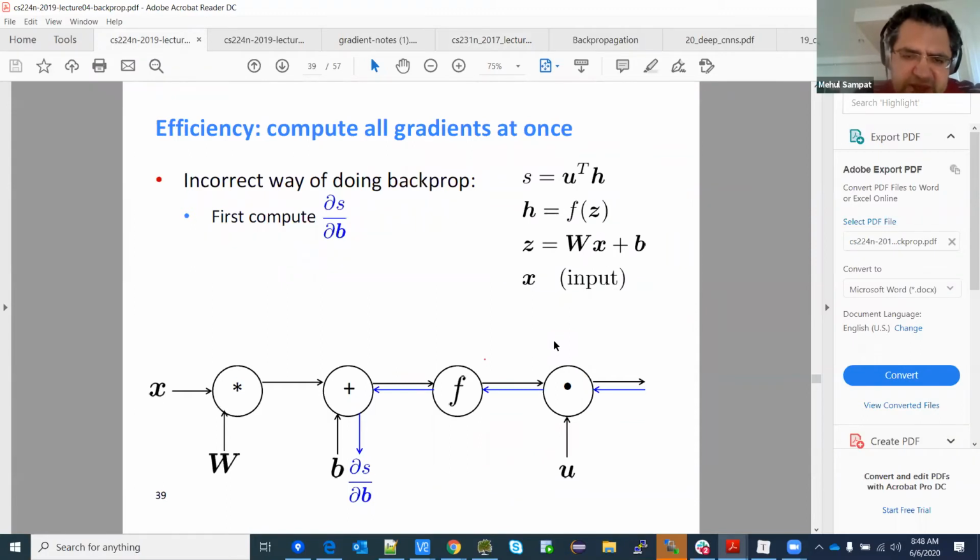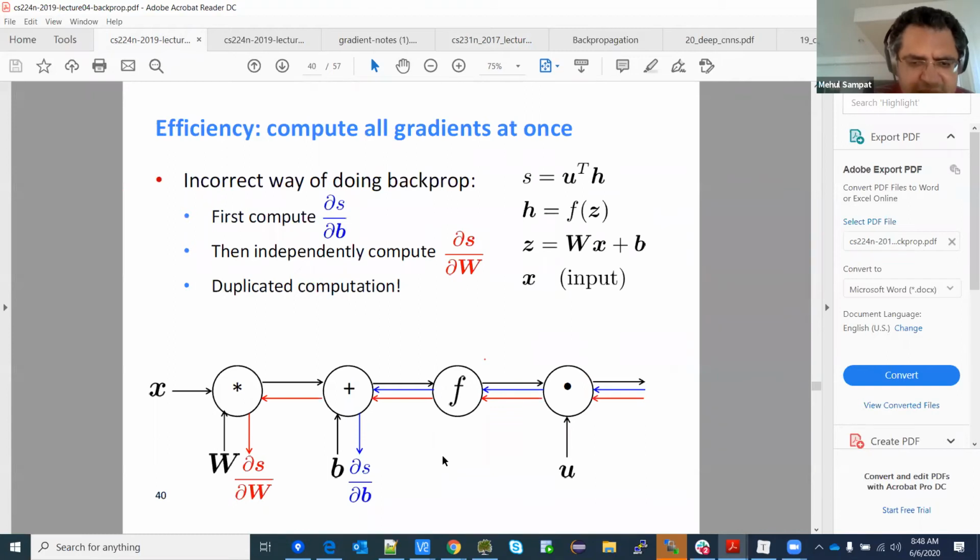So the example he gives in the lecture is, you could compute del S by del B here, and then independently compute del S by del W. I don't know why I would, maybe it's just for the example.